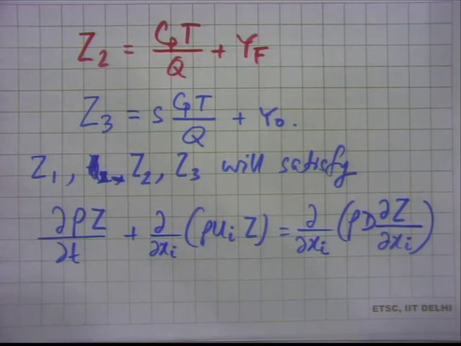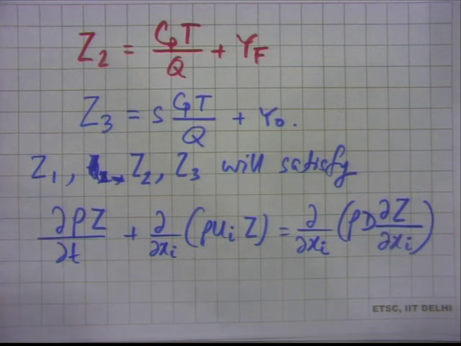So they are all conserved scalars because they do not have a source term. They just move about because of diffusion and convection. So they are passive. And Z1 is a linear combination of fuel and oxidizer mass fractions. Z2 is a combination of temperature and fuel mass fraction. Z3 is a combination of temperature and oxidizer mass fraction.